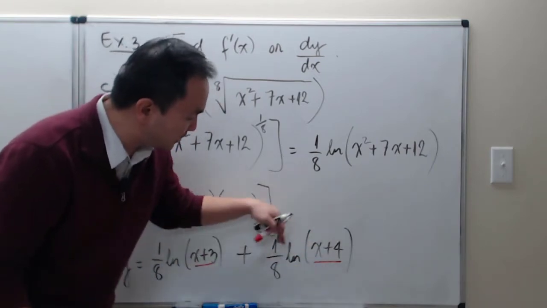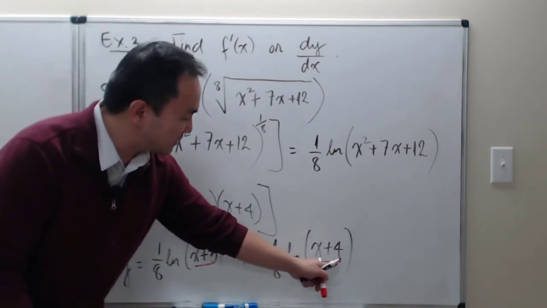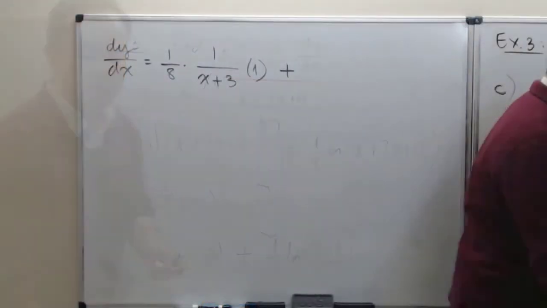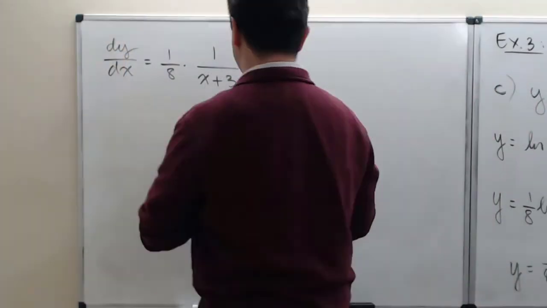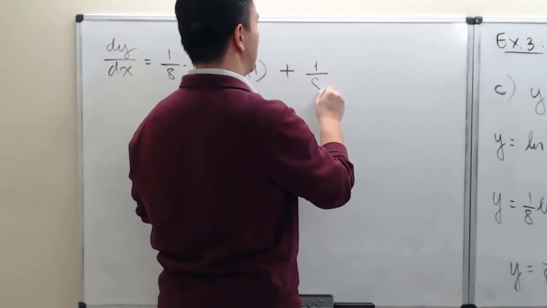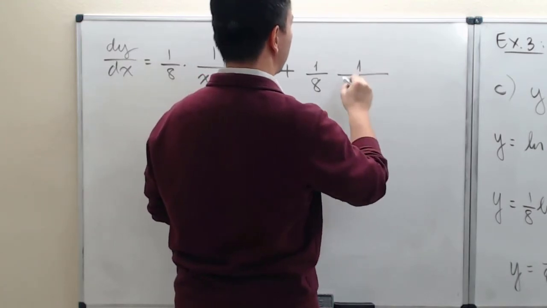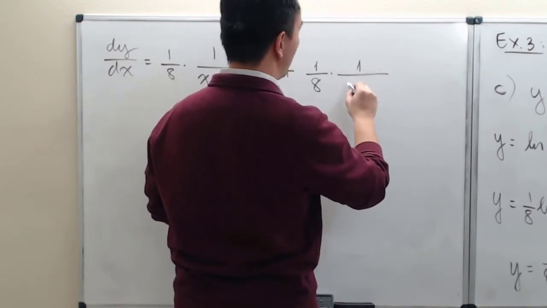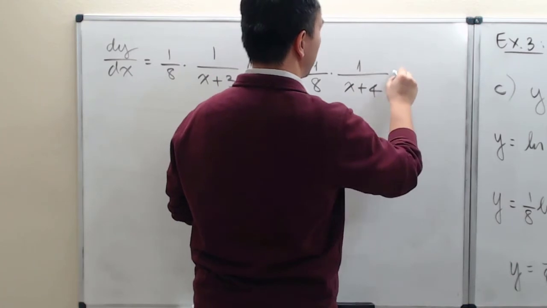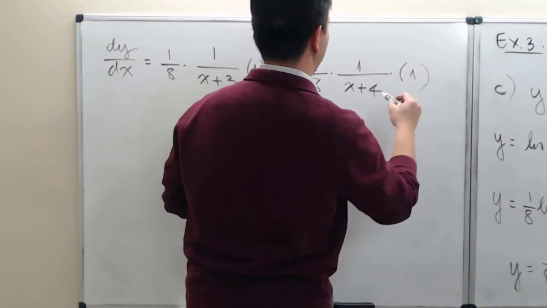This is one entire term, and the inside is underlined in red. So we're looking at 1/8 times the derivative of that. The outside derivative is 1 over x plus 4 times the inside derivative, 1.